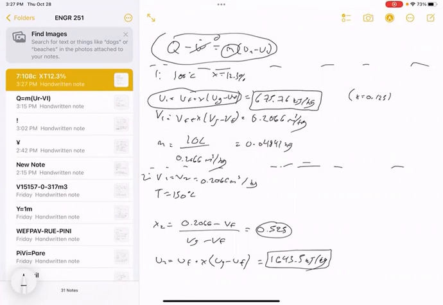And now we have everything we really need to know in terms of how much heat is being input to the system. We have the mass, we have U2, we have U1.